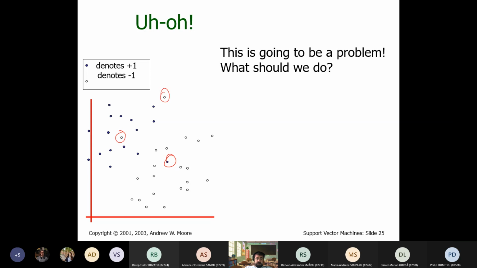What can we do? Because in this case, quadratic programming with the classical definition will return nothing. How can we solve this problem? I'm listening for any suggestion from your side. How should we do this?